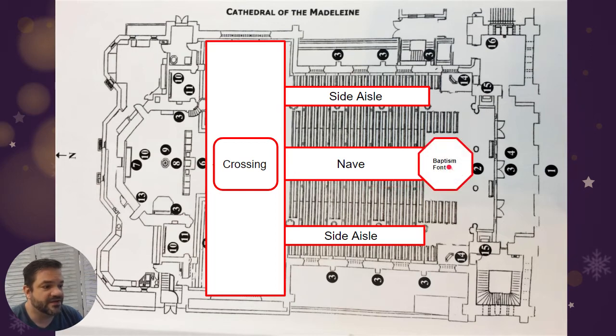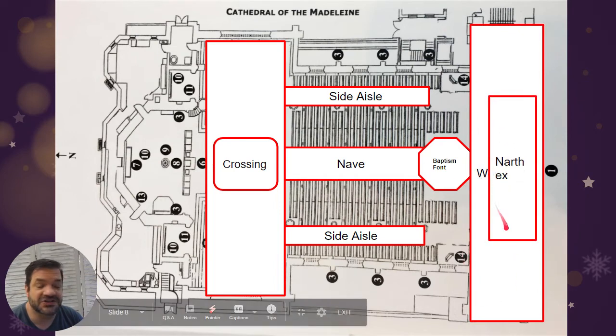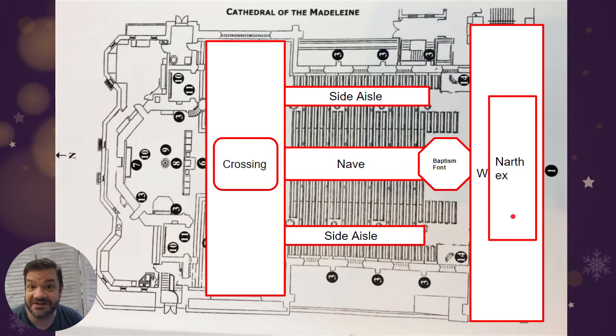Okay? We have got this octagonal-shaped baptismal font back here. All right, when you first walk into the building, there it is, the baptismal font, and it's octagonal shaped for the reasons that we talked about previously. The front is the westwork, and within that is the narthex, okay, the foyer. And in the foyer, you look up and you see these great groin vaults sitting there.